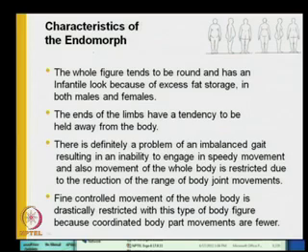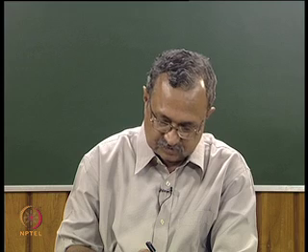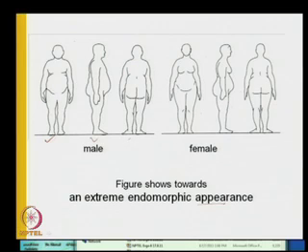The specific characteristics of the endomorph, of fatty people: the whole figure tends to be round and has an infantile look because of excess fat storage in both males and females. The ends of the limbs have a tendency to be held away from the body. When they stand, the hands are normally outside, as we can see in this figure, the hands are going to the outer side.